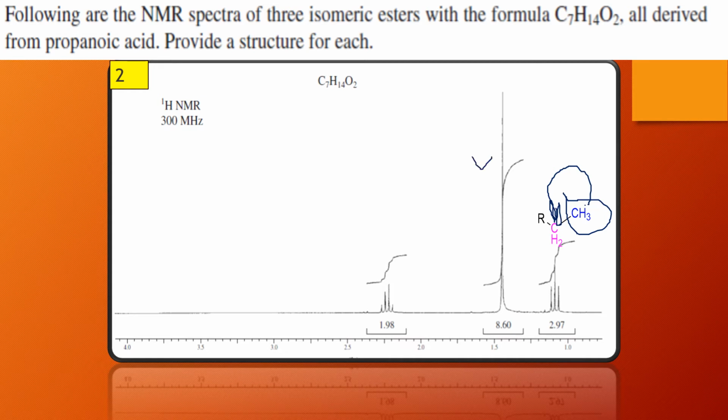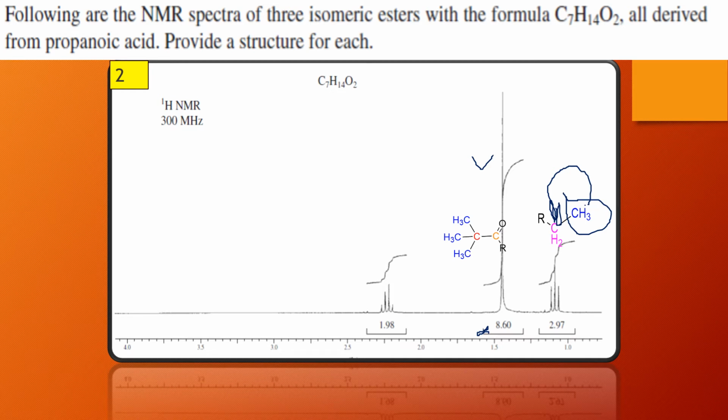Next move to it. You can see here this is at 8.60, which means it is around 9. So the integral value is around 9, which means there are 3 methyl groups attached to a carbon which does not have any proton. So it is very simple to find out the fragment.